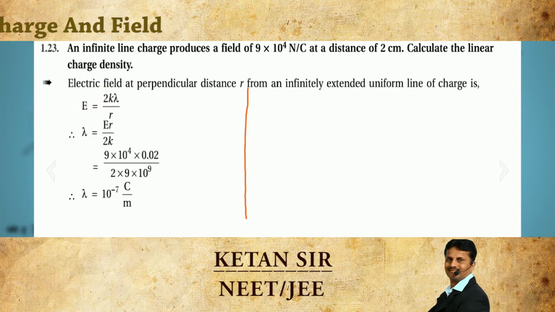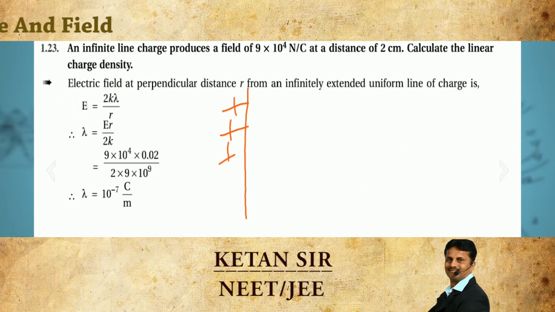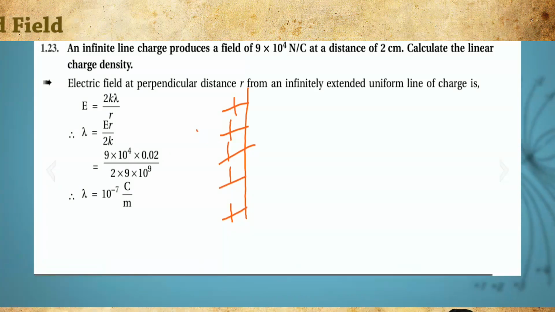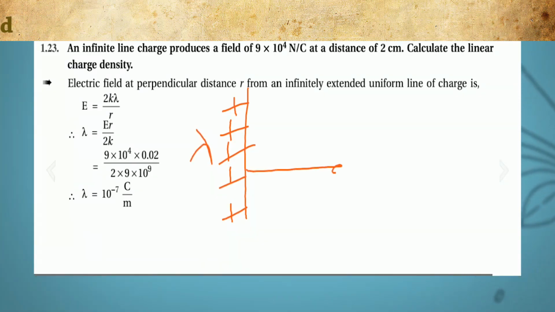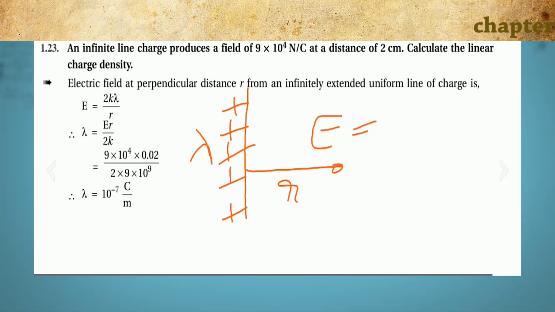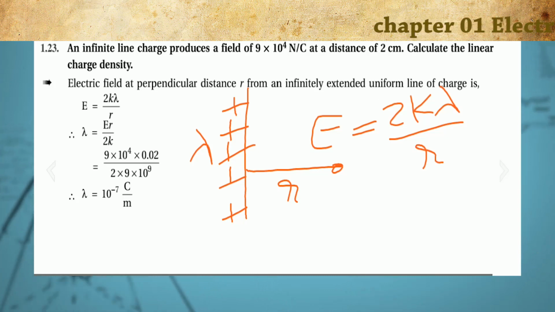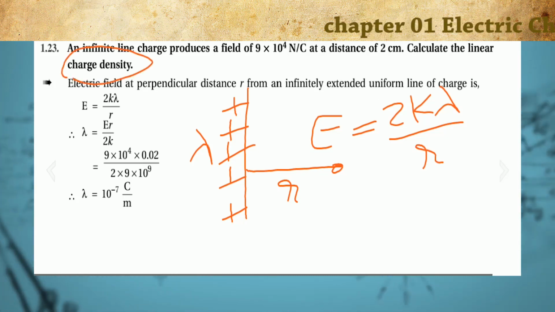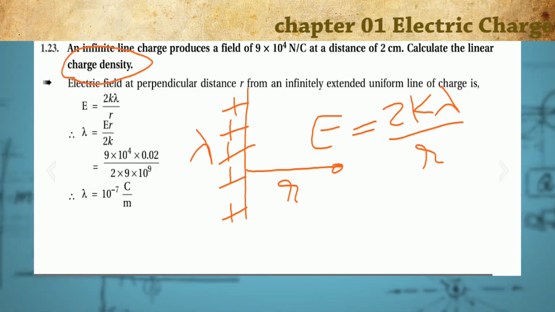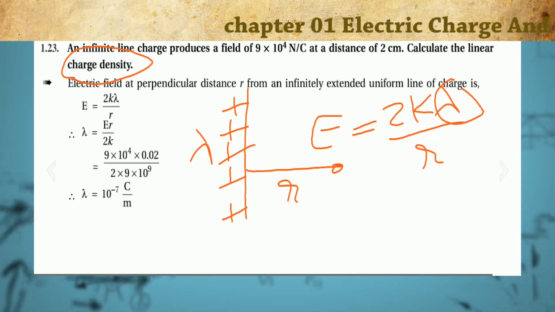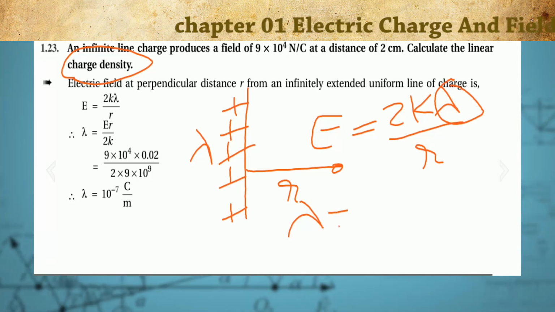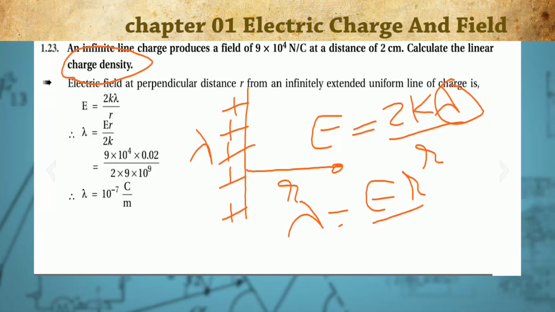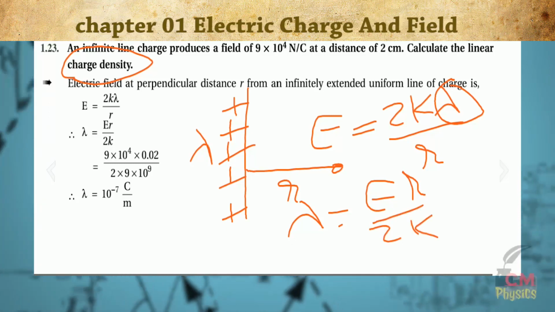When an infinitely long wire has a linear charge density lambda, the electric field produced at a distance r is given by E is equal to 2k lambda upon r. In the current question, we want to find the linear charge density, that means lambda. Then the formula of lambda becomes ER upon 2k. Very simple.